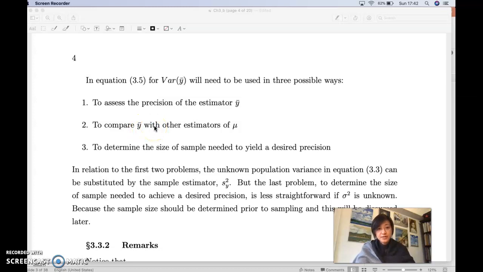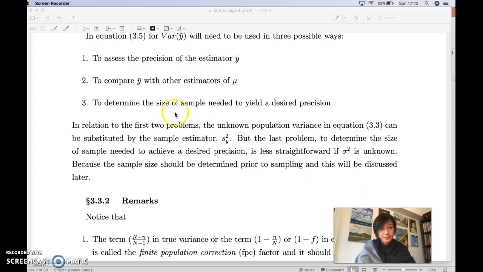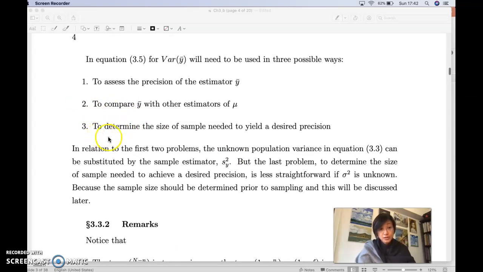Comparing the different variances of the sample mean, the smallest value of the variance would be the best estimator. Thirdly, we can use the variance of y bar to determine the sample size, n.